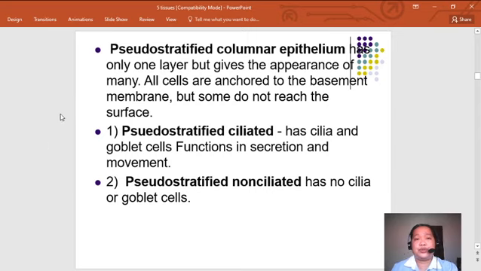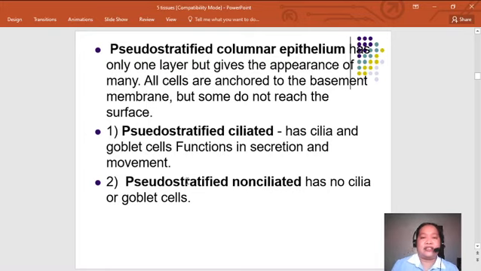Next, we have the pseudostratified columnar epithelium. Only one layer but it gives the appearance of many. All cells anchor to the basement membrane, but some do not reach the surface. Now, we have the pseudostratified ciliated, and also the pseudostratified non-ciliated. So two types based on the appearance of cilia.